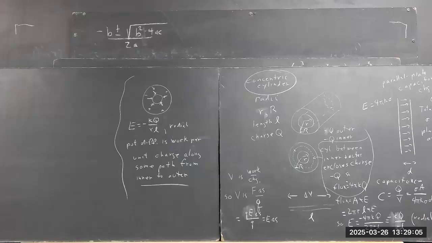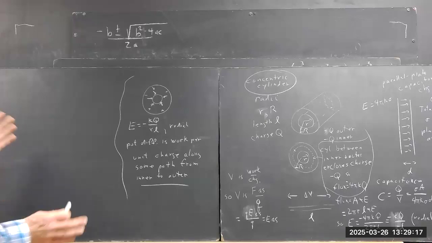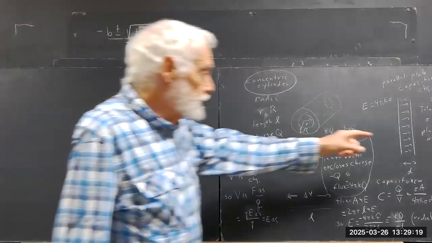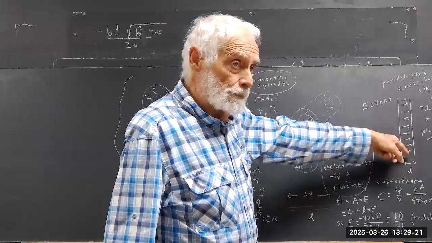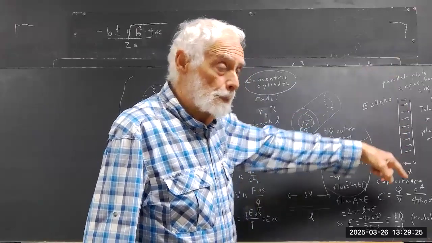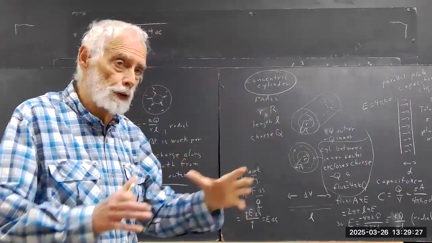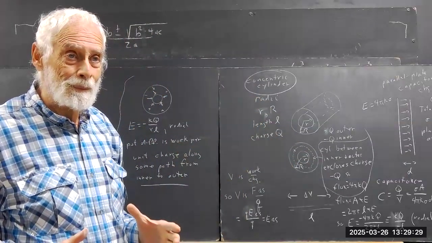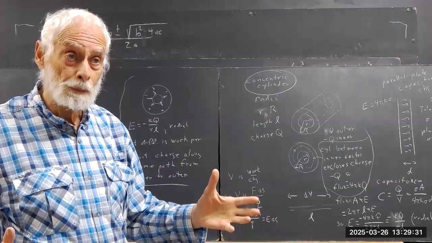Okay, so we got to talk now about the energy in a capacitor and energy density. So whatever capacitor we have, whether it's this simple basic parallel plate capacitor, a cylindrical capacitor, or a spherical capacitor, and that's all you have to worry about in this course.